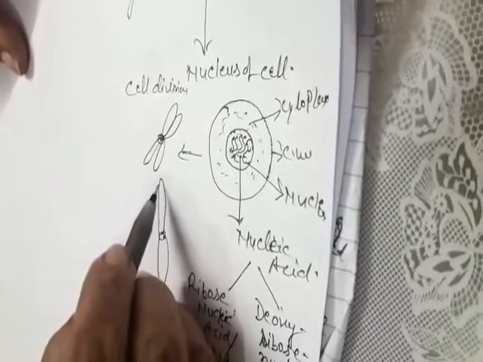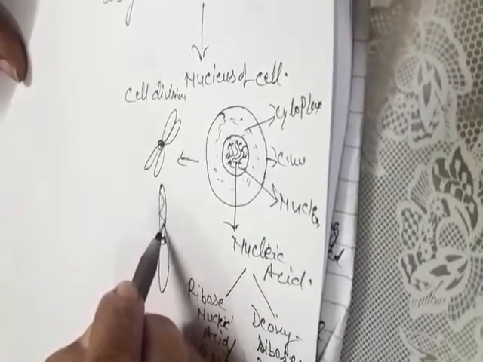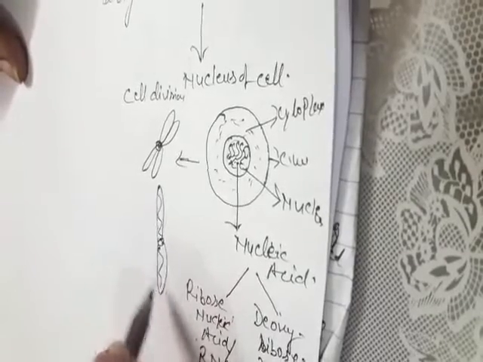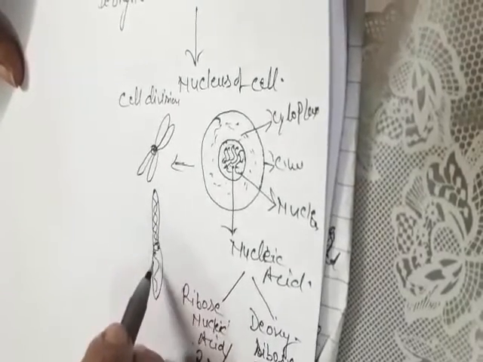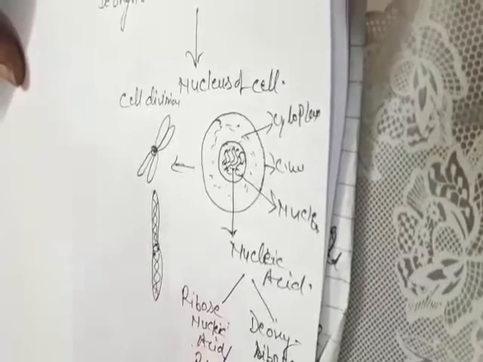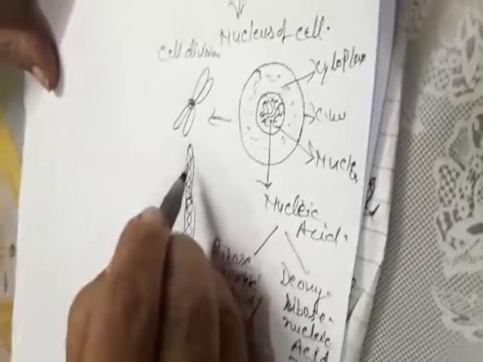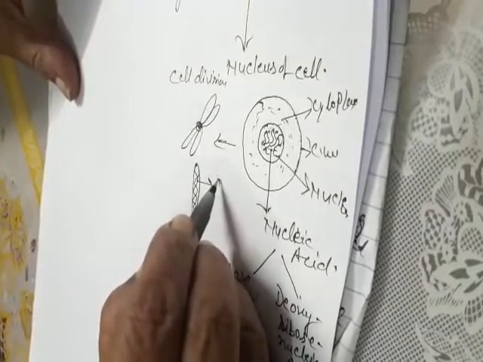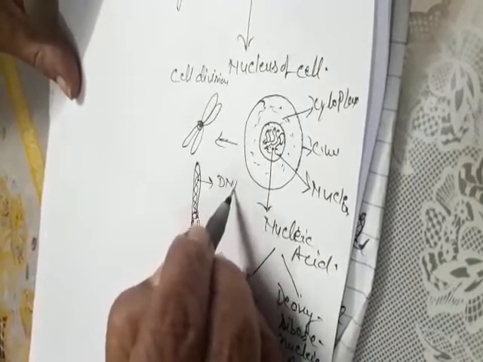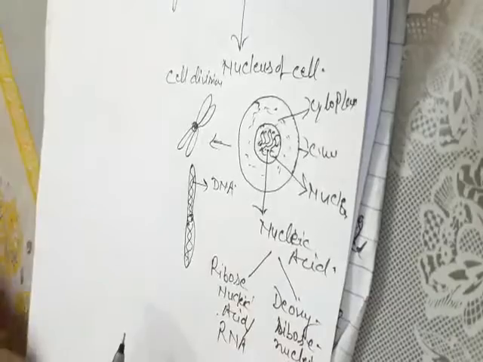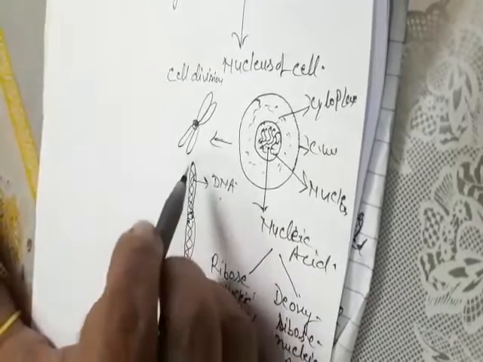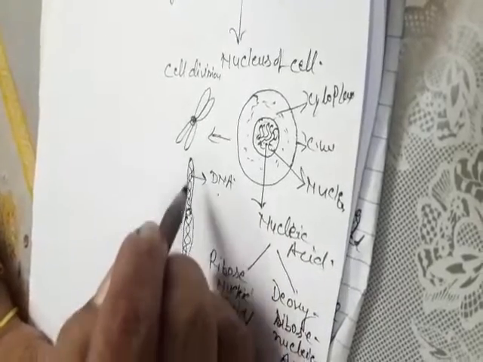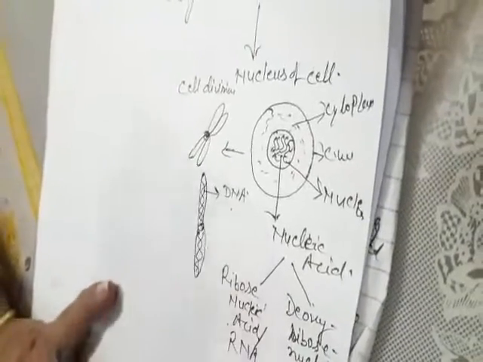Inside the chromosome, double helical structures are also present. This structure is known as the DNA gene. DNA is present inside the chromosome throughout its length.